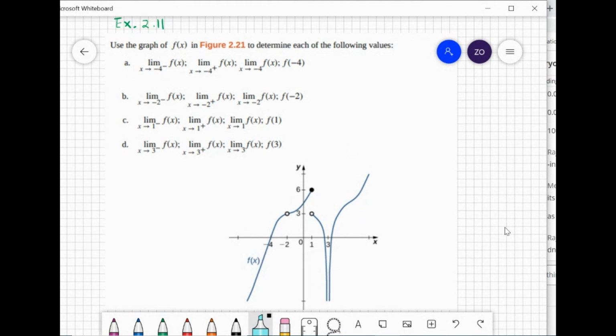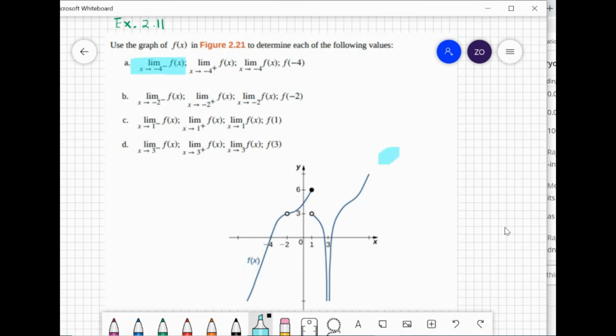So let's start with this first expression. Let's go one by one. What does it ask us? It is asking the limit of f of x.